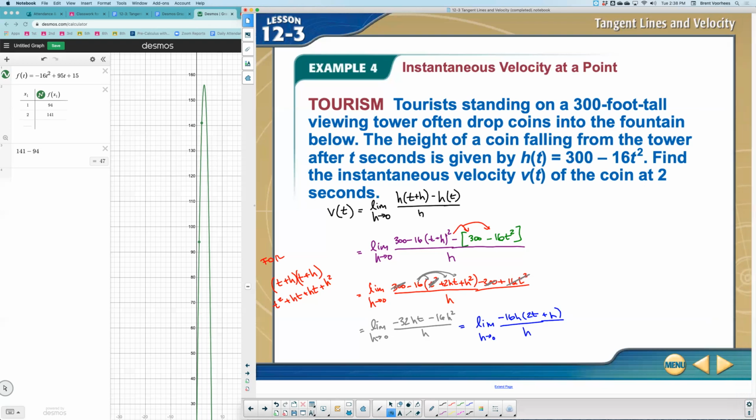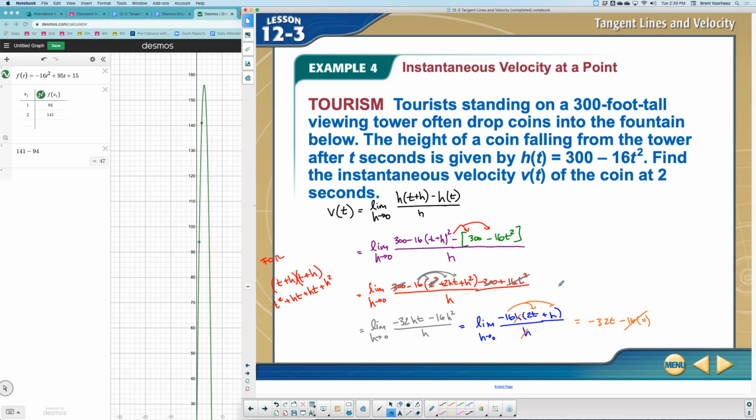We can see here that these h's will simplify with one another. And so I can just directly substitute. I guess I didn't have to take out the h because I'll end up distributing it right back here. It'll be a negative 32t, and I'm putting in a 0 here for h. So it'd be a negative 16 times 0, which simplifies.